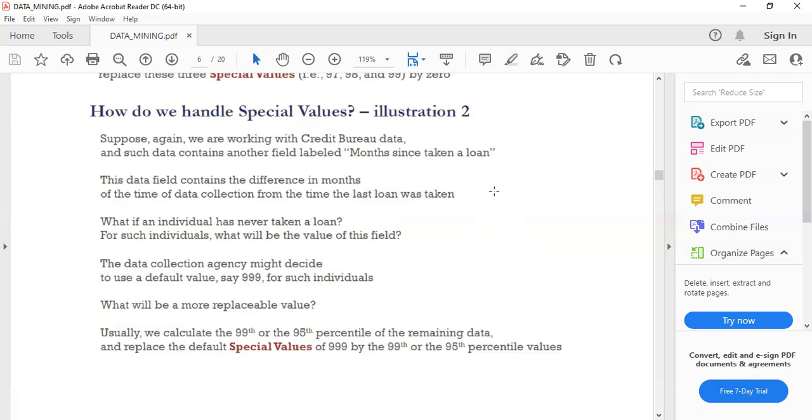What if an individual has never taken a loan? For such individuals, what will be the value of this field? The data collection agency might decide to use a default value, say 999, for such individuals.